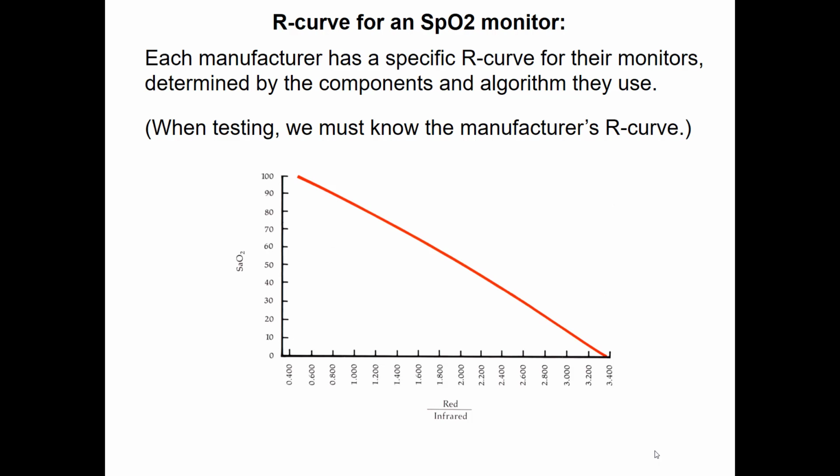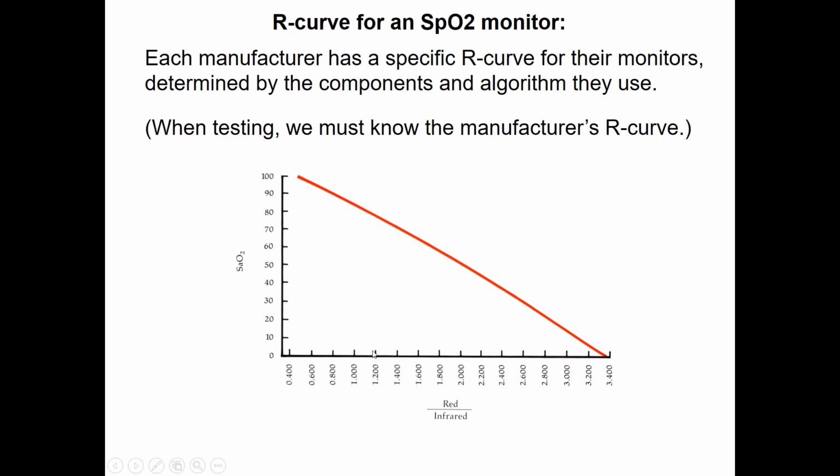This R curve is obtained by taking blood samples from persons, which we call subjects. In an experiment, each manufacturer will take blood samples from subjects and measure the ratio of the red and infrared signals, and measure the real oxygen saturation using either a blood gas analyzer or a lab co-oximeter, and we create this curve.